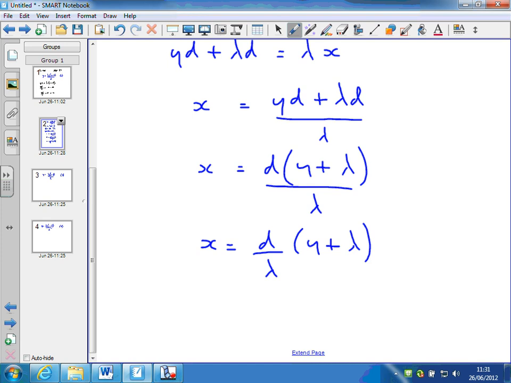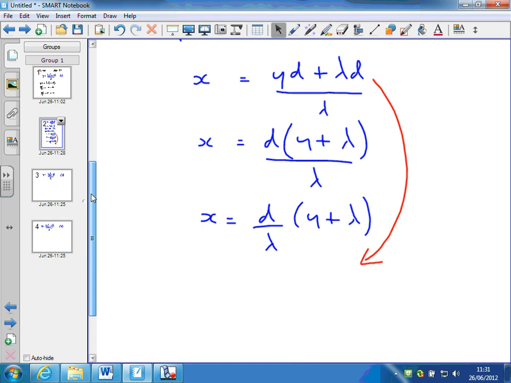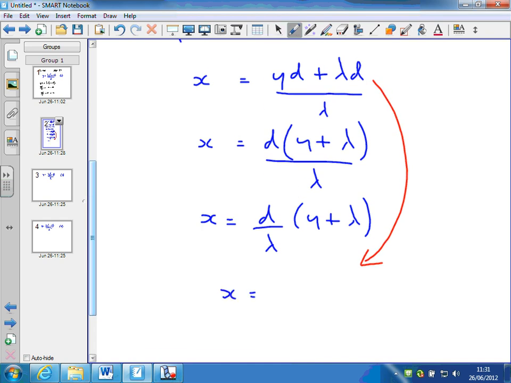From here, at this stage, we could actually say that at this point x equals yd over lambda plus lambda d over lambda. We can split that fraction and divide each part over lambda.